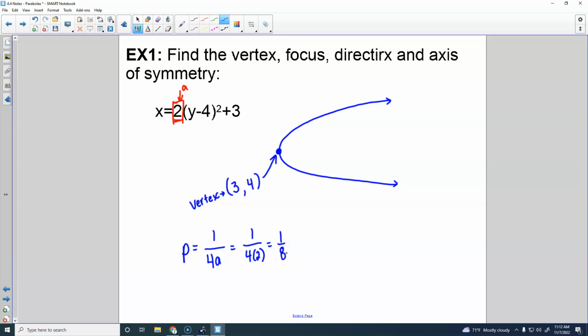Okay, so what that means is to get to our focus over here inside of the parabola, we need to go to the right 1/8, and then to get to the directrix, which is going to be this vertical line over here, we would go to the left 1/8. And those should look like they're the same distance away. I haven't drawn it very well there.